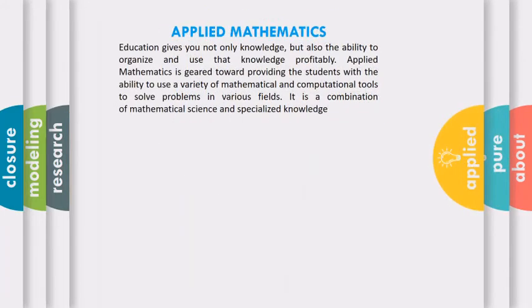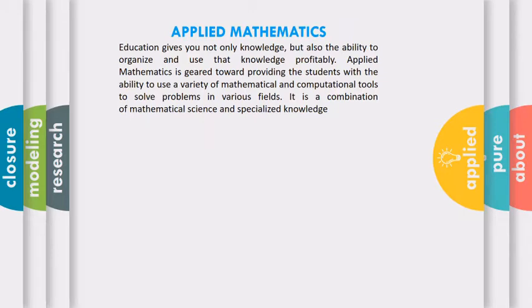Applied mathematics, so let us define it. Not only define it, I just want to give you a brief idea of what applied mathematics is. Education gives you not only the knowledge but also the ability to organize and use that knowledge profitably.